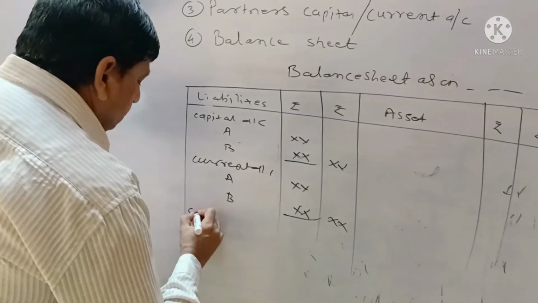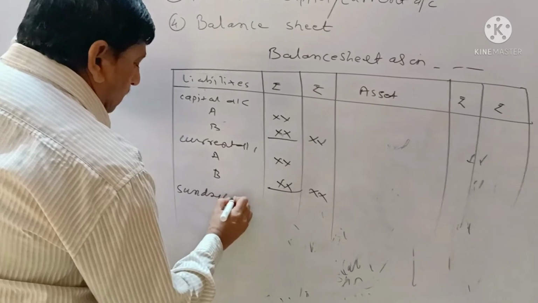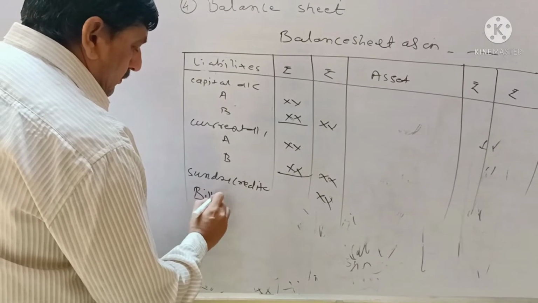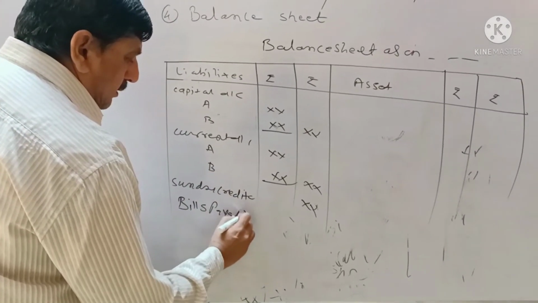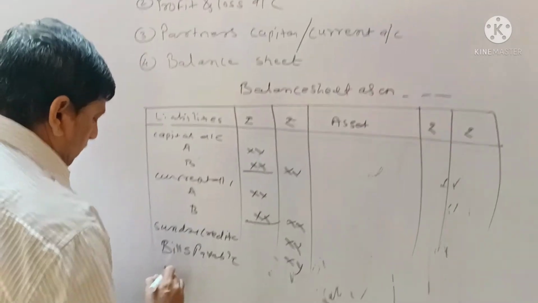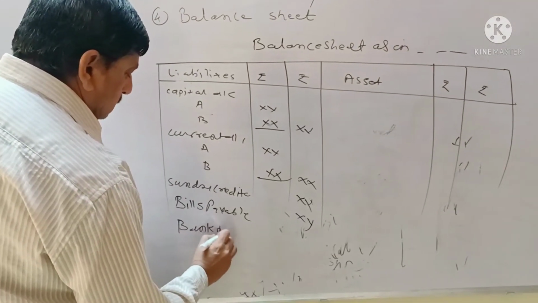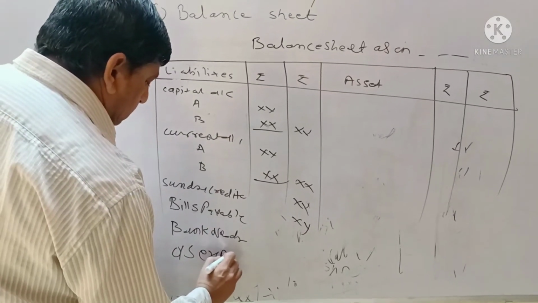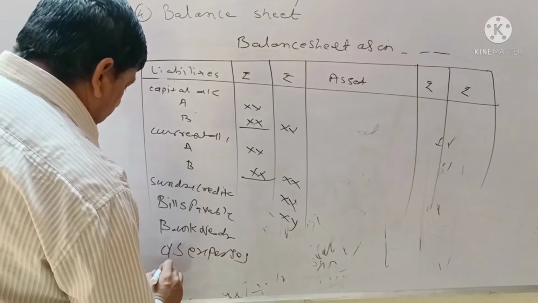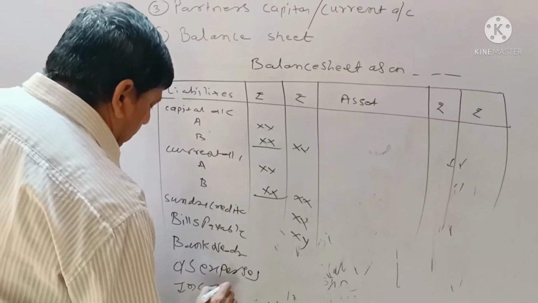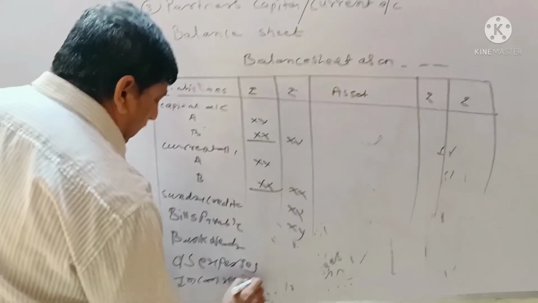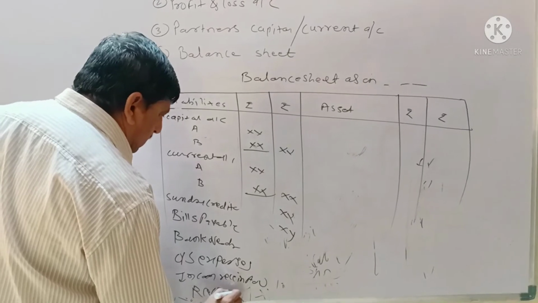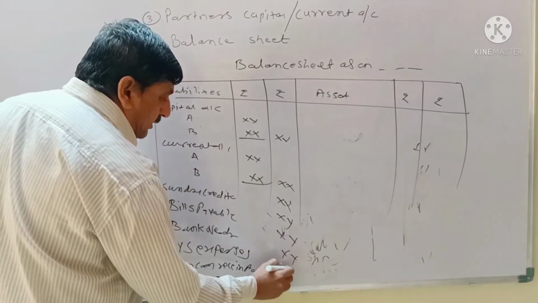Then sundry creditors, bills payable, bank overdraft, outstanding expenses, income received in advance, reserve, any reserve given, general reserve. These are normally taken on the liability side.